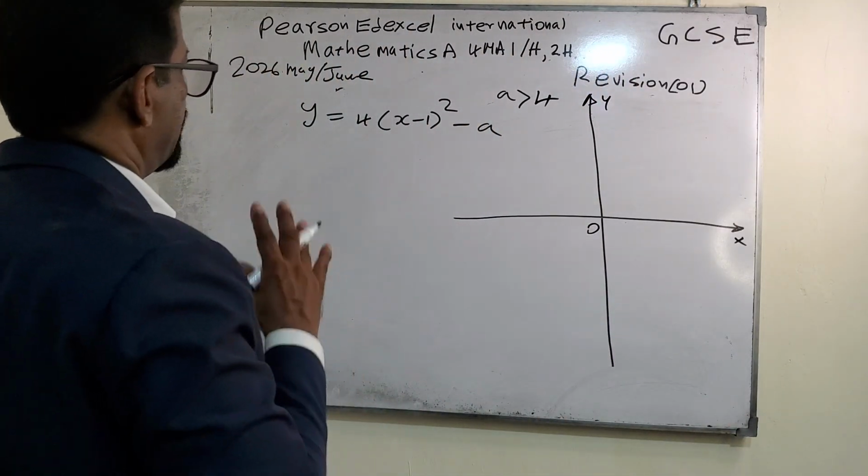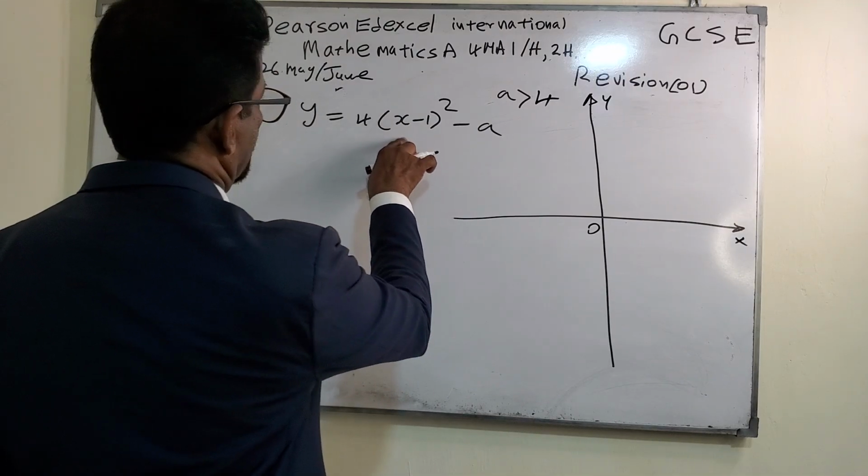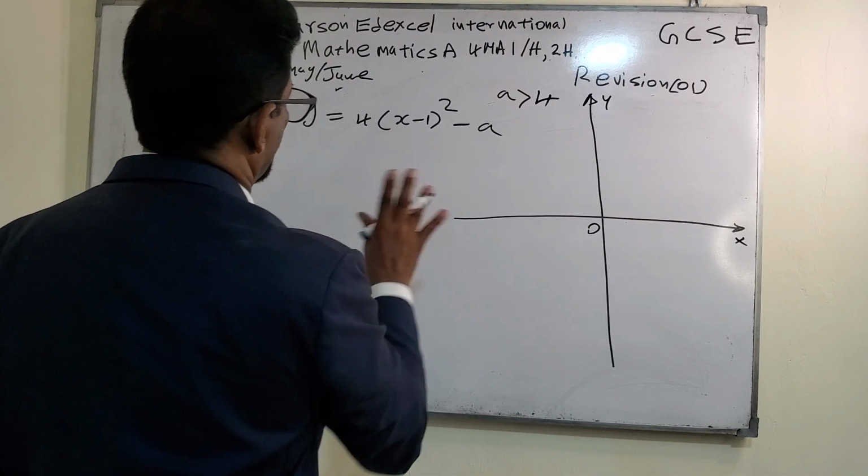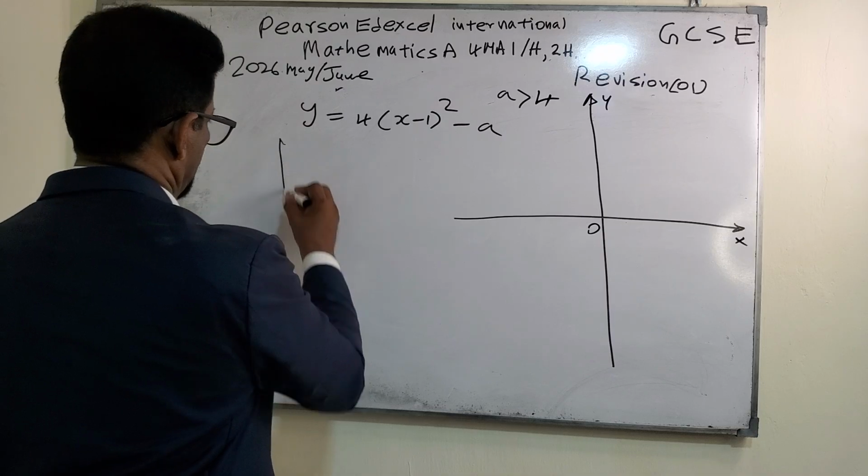The x squared coefficient is positive, so this is a minimum graph shape.